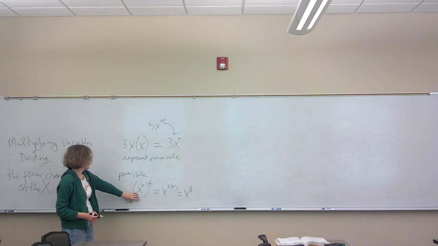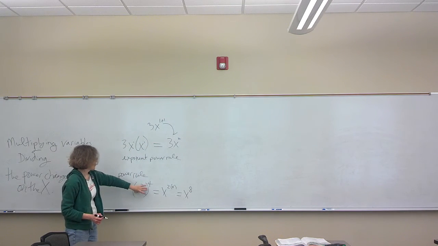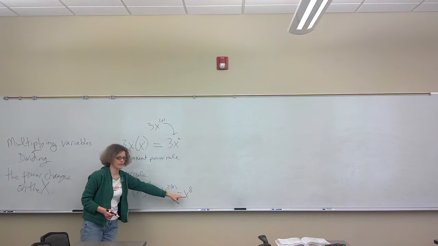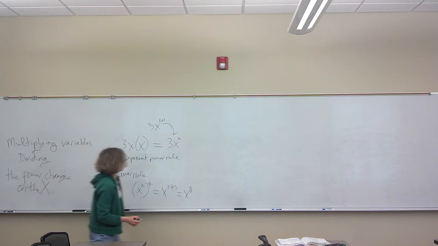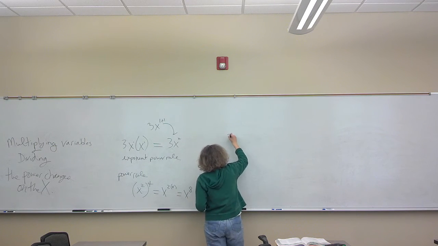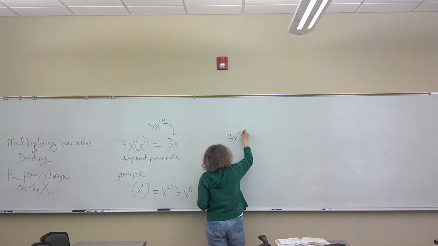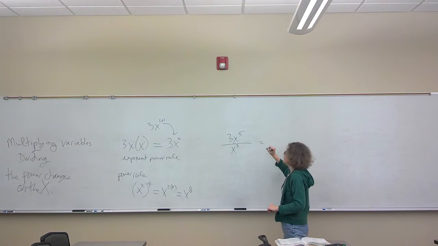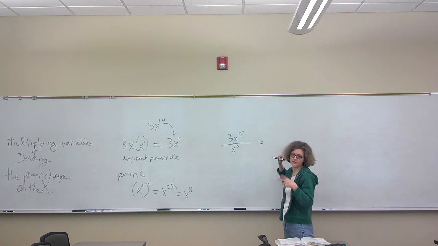If you have one variable term to a power and you're raising it to another power, you multiply the exponents to get your final answer. And dividing works similarly. If you have something like this, the easiest way at the beginning is to visually see this.